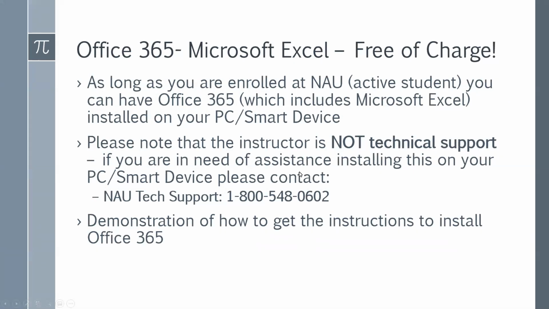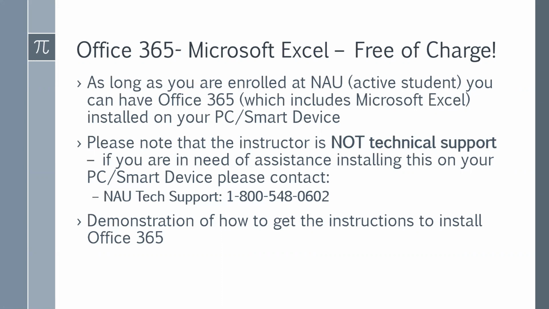Okay, so as I alluded to, you can get Microsoft Excel, which is a component of Office 365, free of charge. That is great. As long as you're an active student, you have access to Word, Excel, Access, and PowerPoint free of charge, and you get the most updated version that's out there. Technically not the most updated version, but it is the version that you'll be able to use inside of the class.